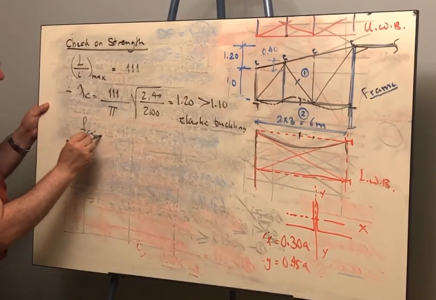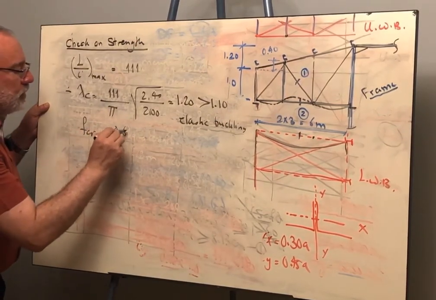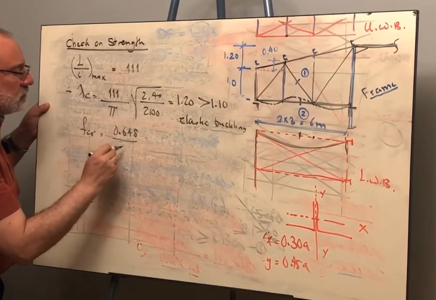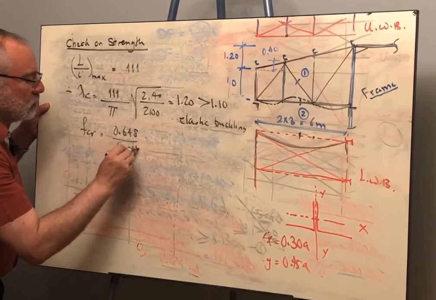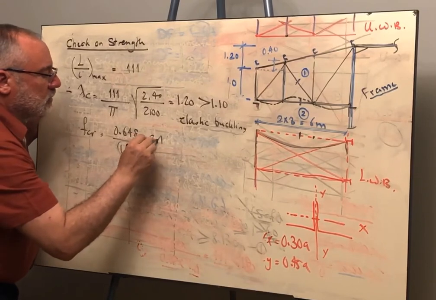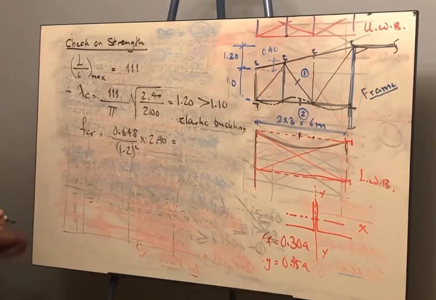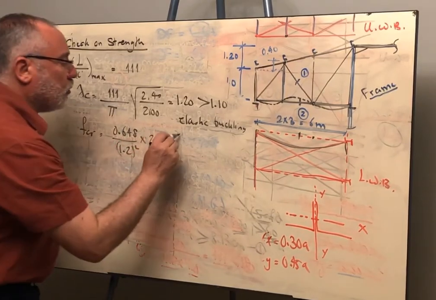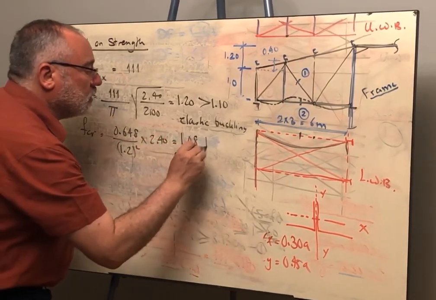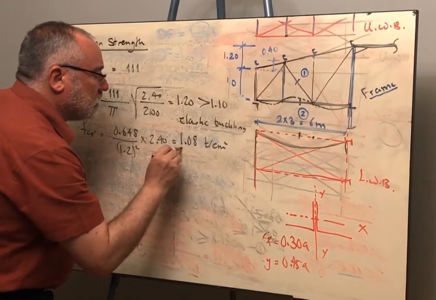So F critical will be 0.648 over lambda C squared, which is 1.2 squared, times F yield, which is 2.4. We get this value to be 1.08 ton per centimeter square.